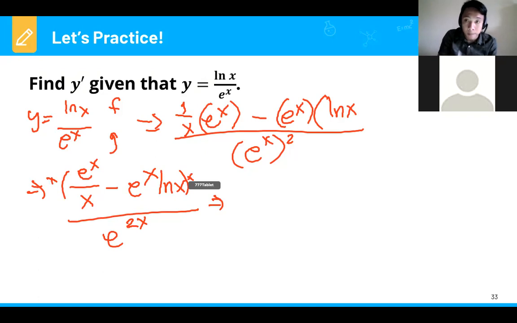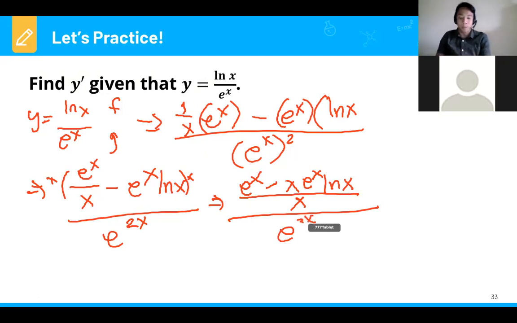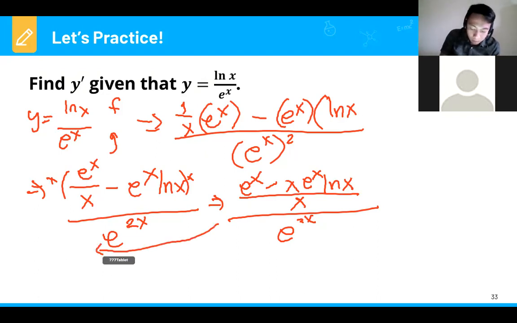Para magkaroon tayo ng common denominator sa ilalim. Okay, so we have e raised to x minus x e raised to x ln x over x, okay, yun yung common denominator, which is x, all over e raised to 2x. Okay? Ayan, so make it more simplified.